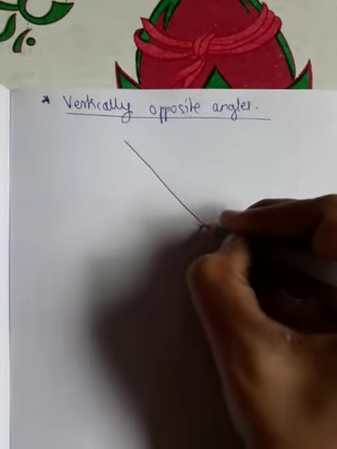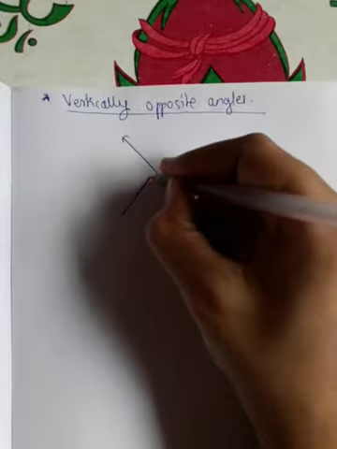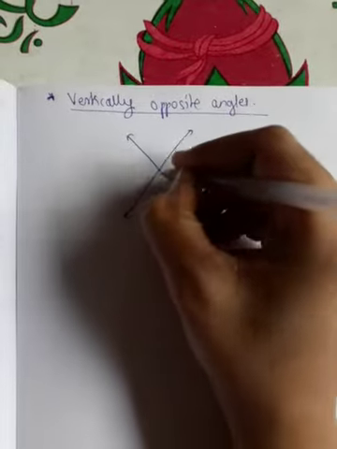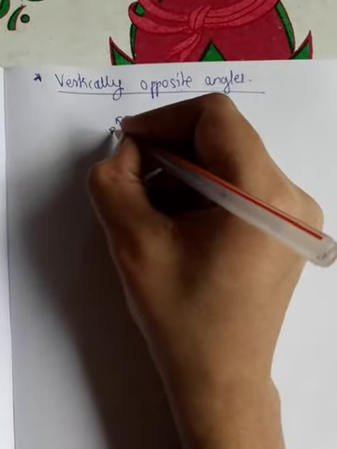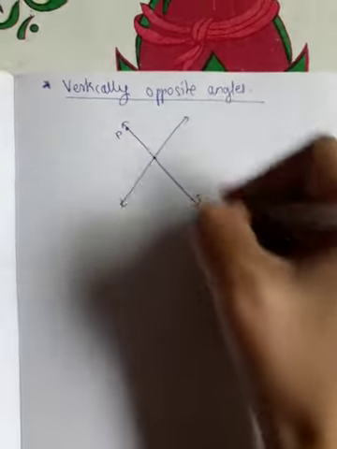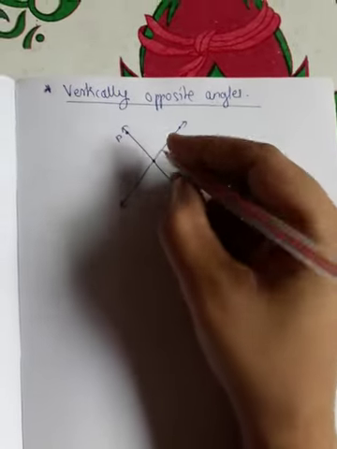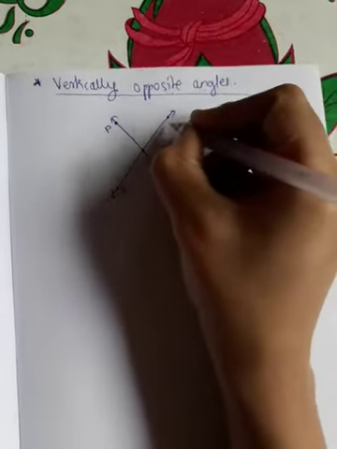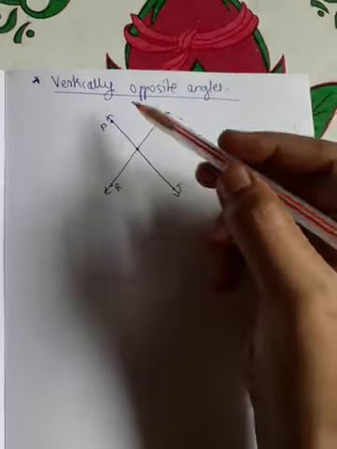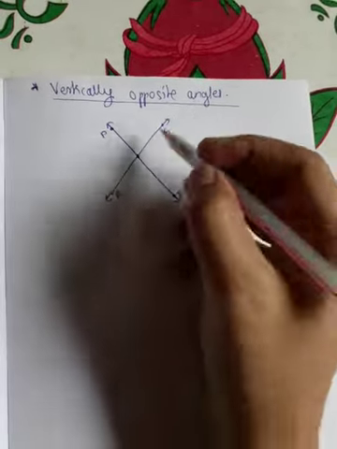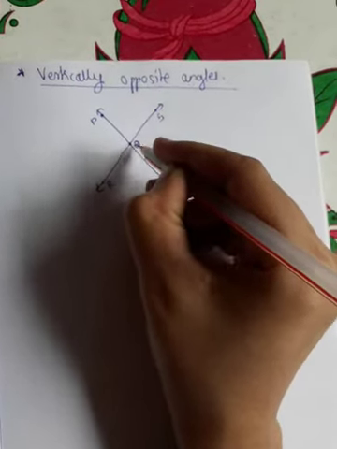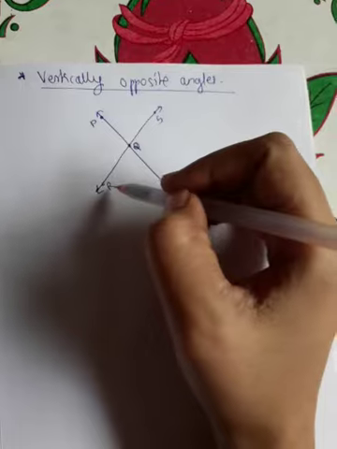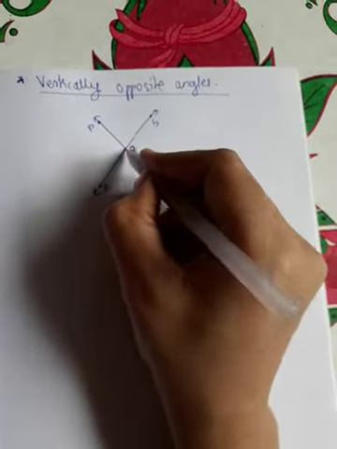Draw two lines which are intersecting at a point, and name them line PT and line RS. So here line PT and line RS intersect at a point. Suppose we name it Q. So line PT and line RS intersect at point Q.